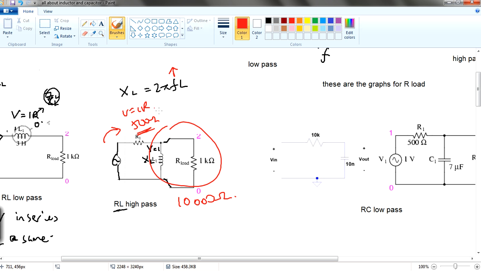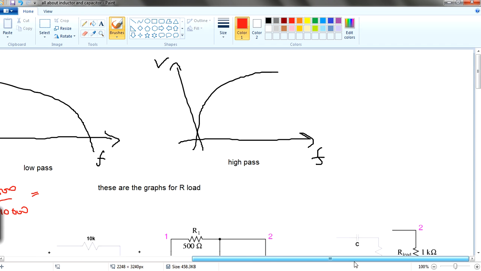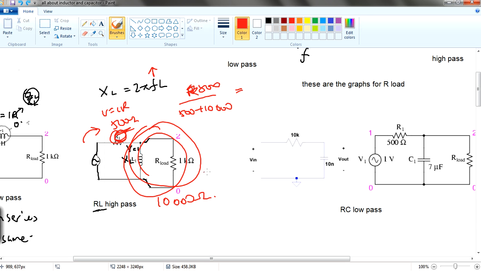So this R compared to this one is different already, because it all depends on the voltage divider rule again: 500 divided by the summation of 500 plus 10,000 ohm. So the amount of voltage will be very minimum over here, and this one is going to eat a lot of voltage now. This is why at higher frequency, this one becomes higher.